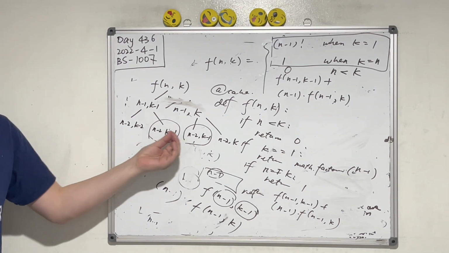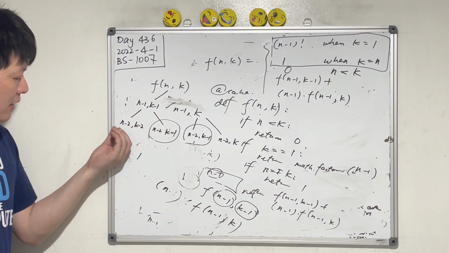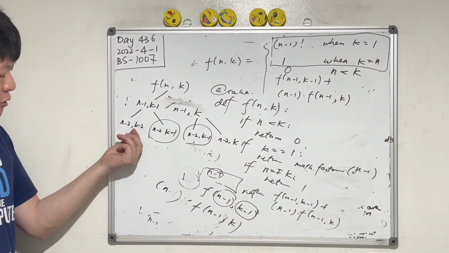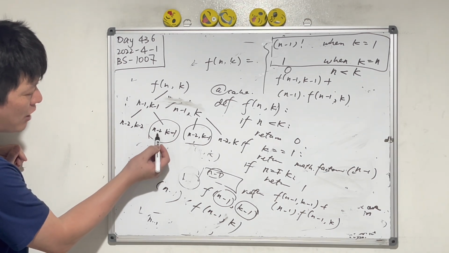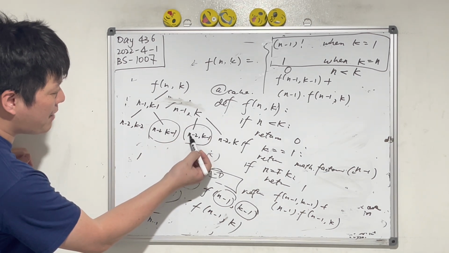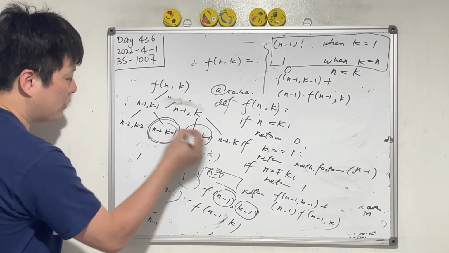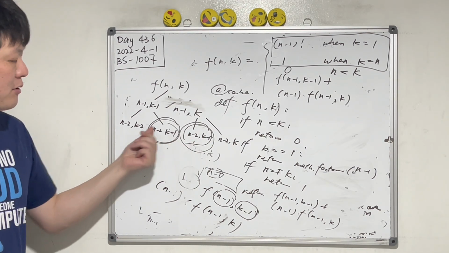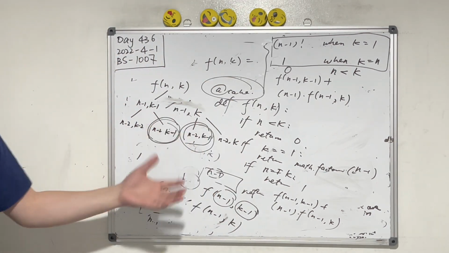This is like a binary tree. On the left branch, k is decremented by 1. On the right branch, k does not change. So look, n minus 1, k minus 1 leads to n minus 2, k minus 1. We have these overlapping subproblems, so we can put a cache here to speed up, right?